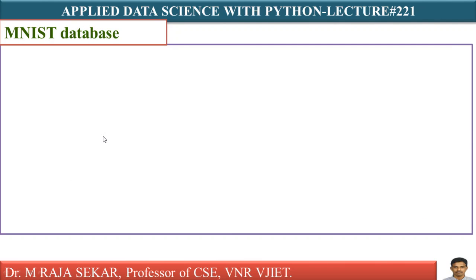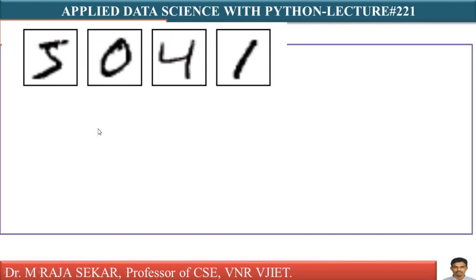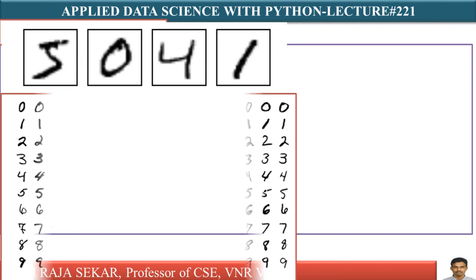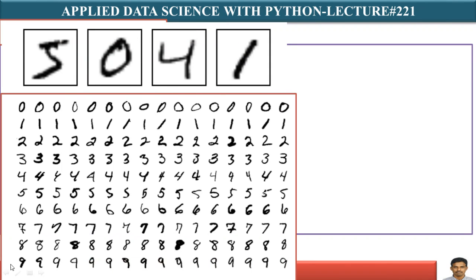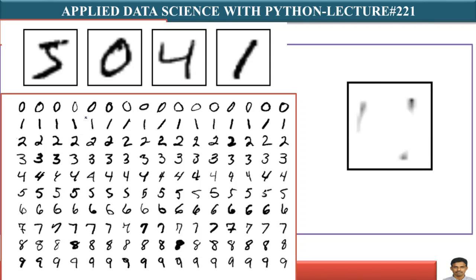For the time being, let me say I have this data set, in which you have a 60,000 training data set and a 10,000 testing data set. Let me take one simple digit from this data set.